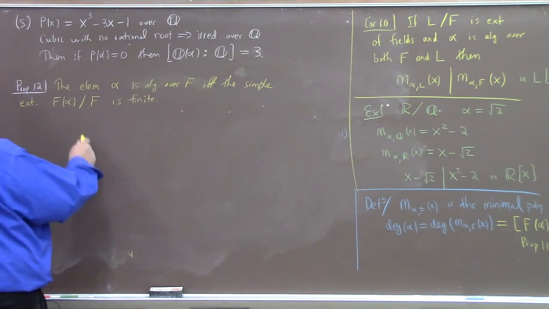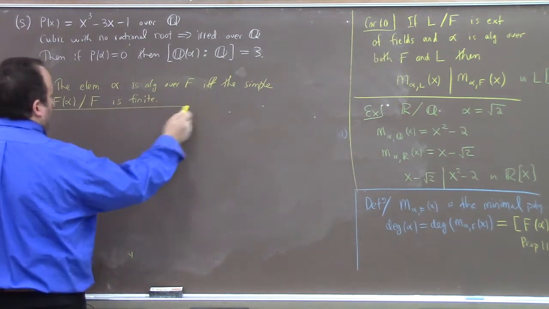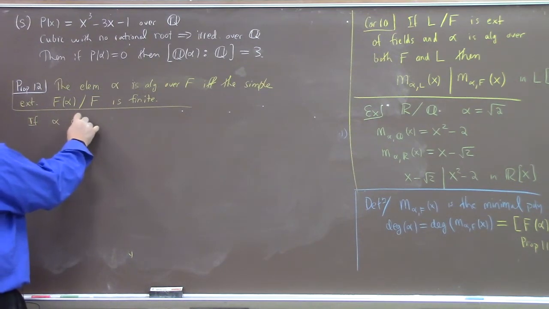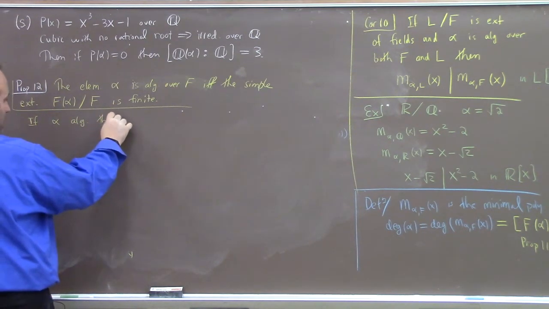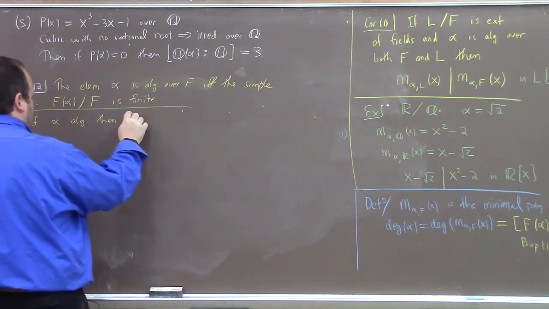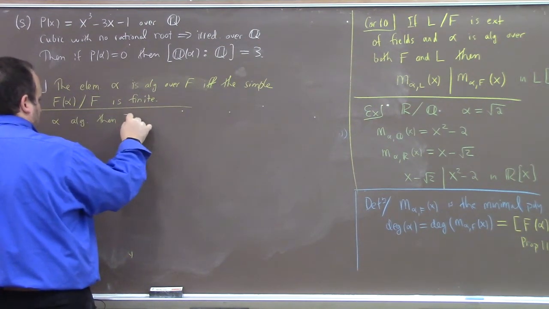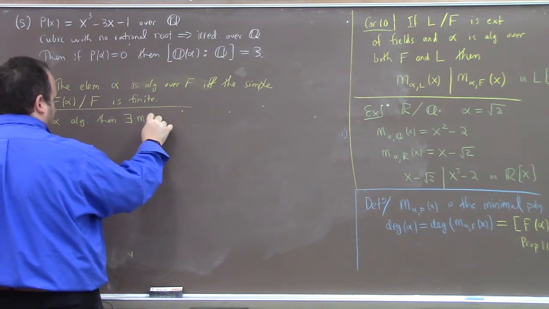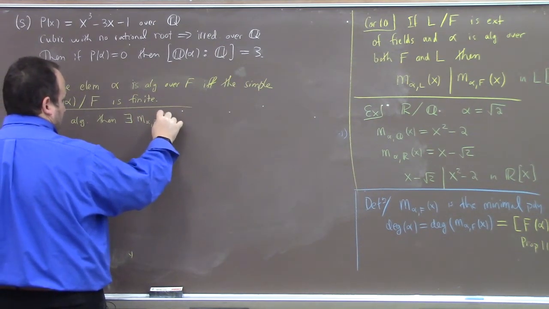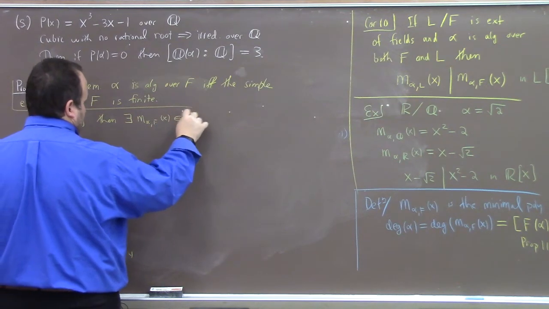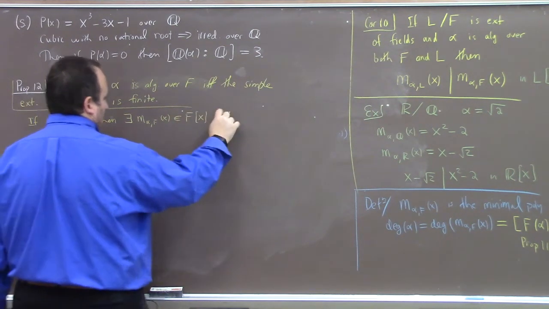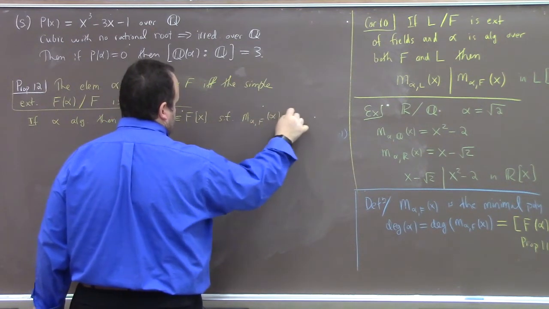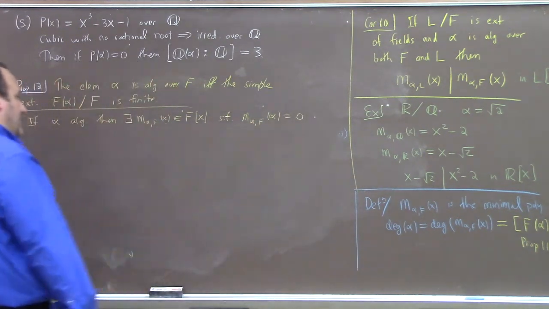Let's see here. So if alpha is algebraic, right, then there exists m_alpha,F(x) in F[x], such that m_alpha,F(alpha) equals 0, and that's the monic polynomial of least degree.